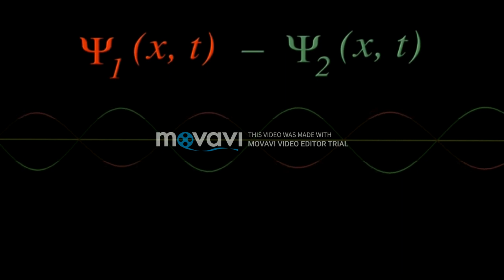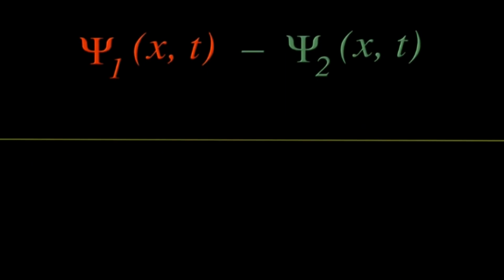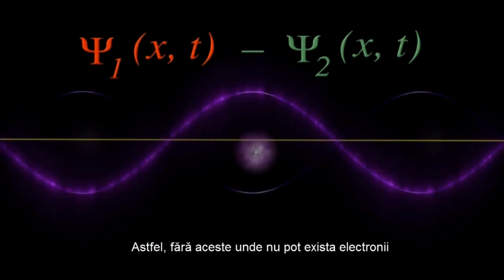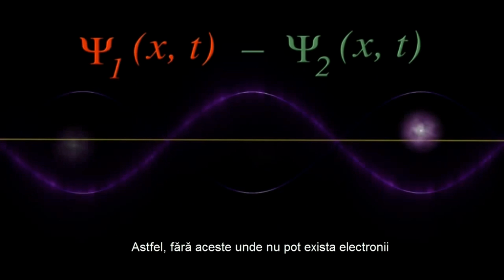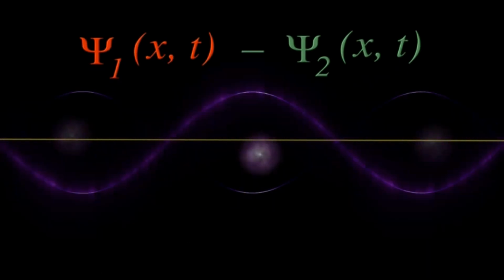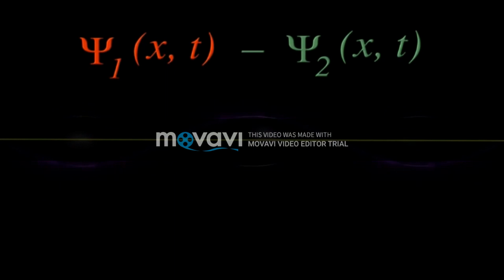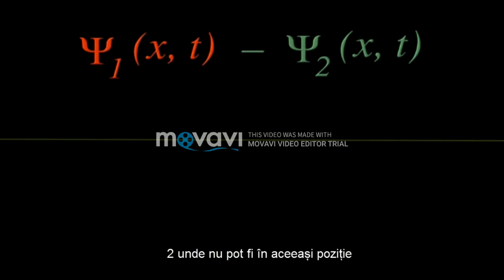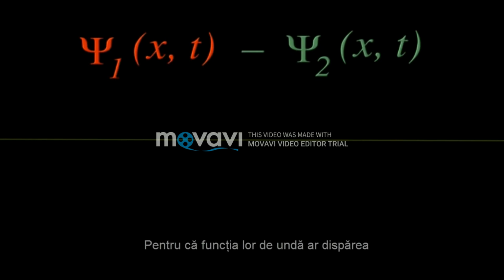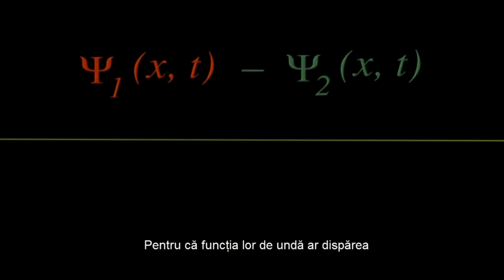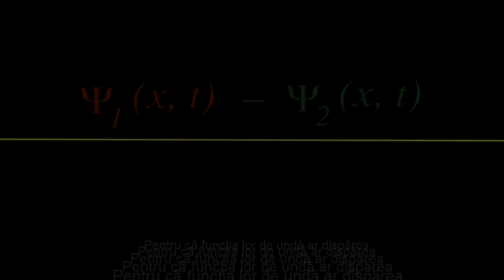So when we combine them, we get no wave at all. And since the wave is a map of electrons existing at that point, no wave means no electrons. So clearly, two electrons can never be in the same state because that causes their combined wave function to disappear.